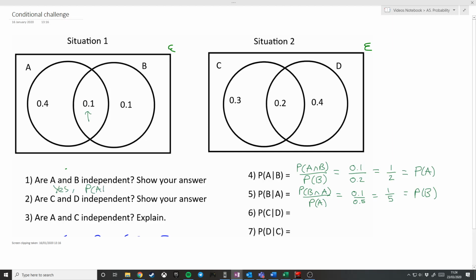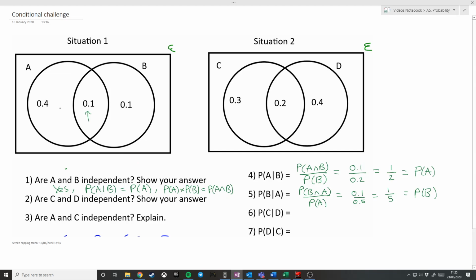Probability of A given B is equal to the probability of A, because we just showed that over here. We could have also shown it by saying that the probability of A times the probability of B is equal to the probability of A intersect B. So let's just double check that quickly.